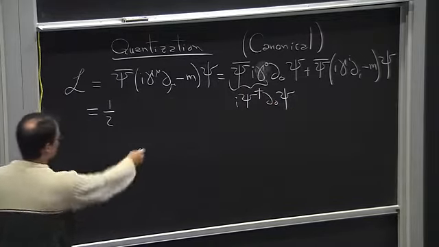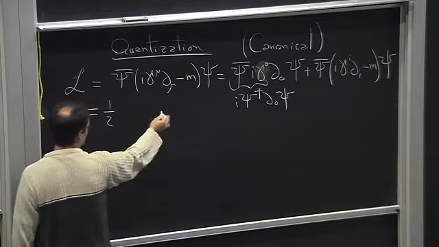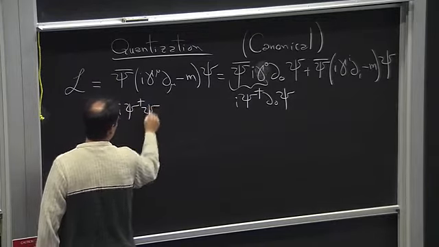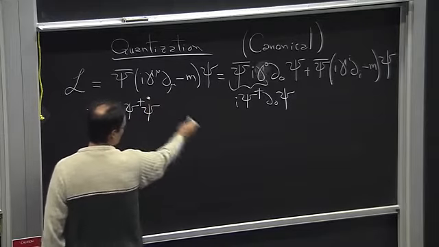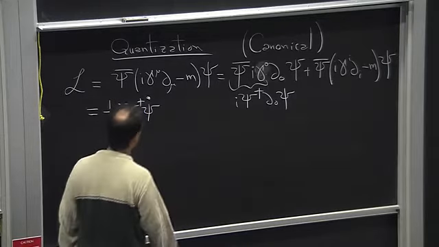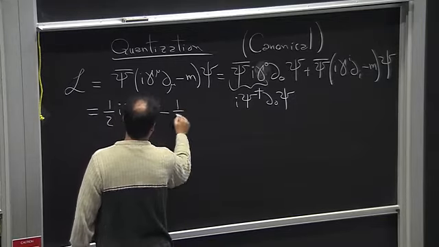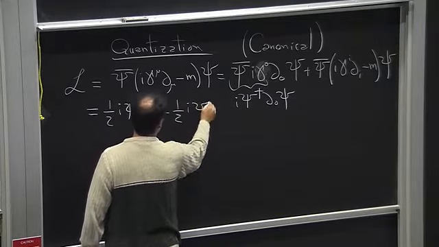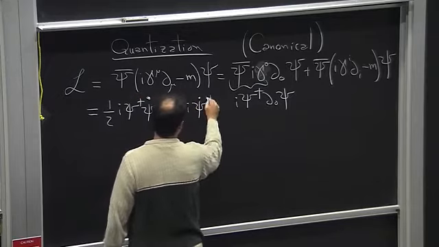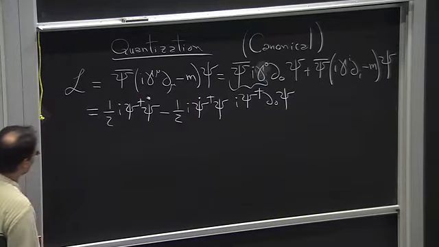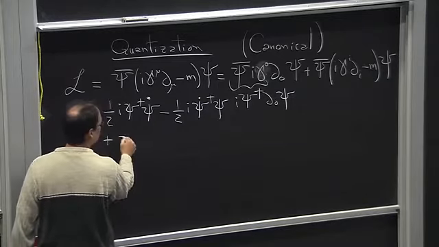I'm going to use a little trick and write this as half psi dagger psi dot, where the dot means the derivative with respect to time. Then I'm going to integrate by parts to put the dot here. Plus the rest.